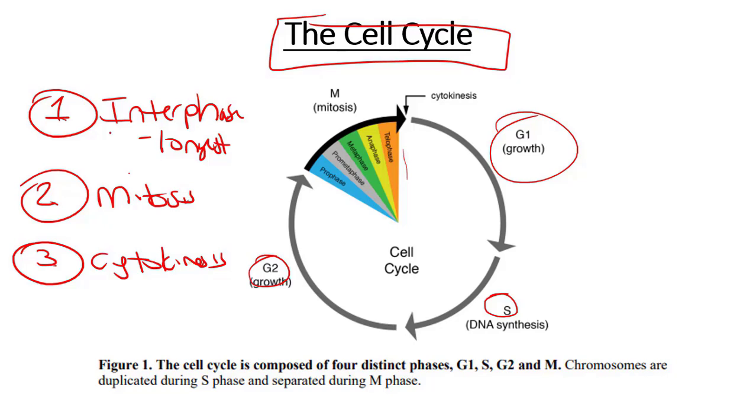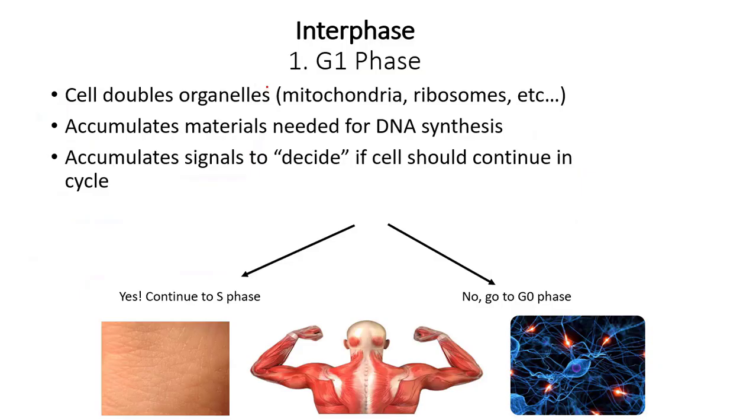Let's talk first real quick about interphase. Interphase starts with the G1, or growth 1, phase. During G1, you have a cell. You can envision maybe a skin cell or a red blood cell. First, all of the organelles need to double in number. So the mitochondria, the ribosomes, lysosomes, things like that all need to double.